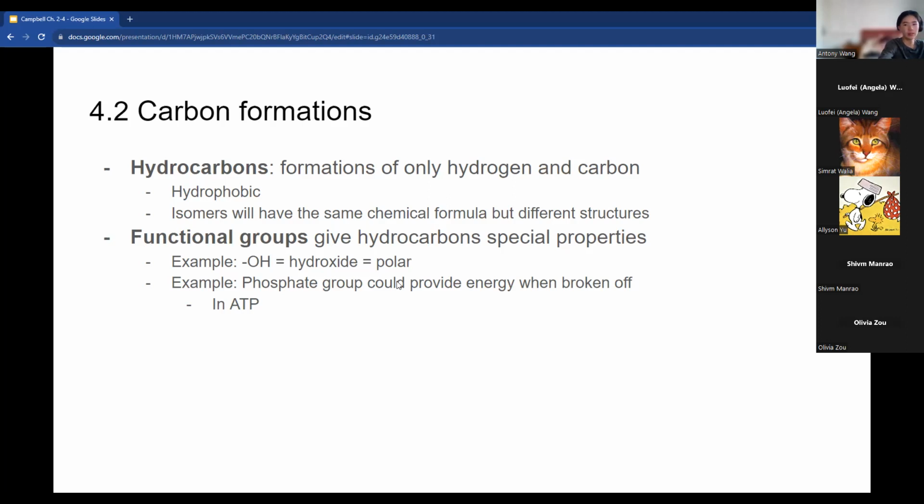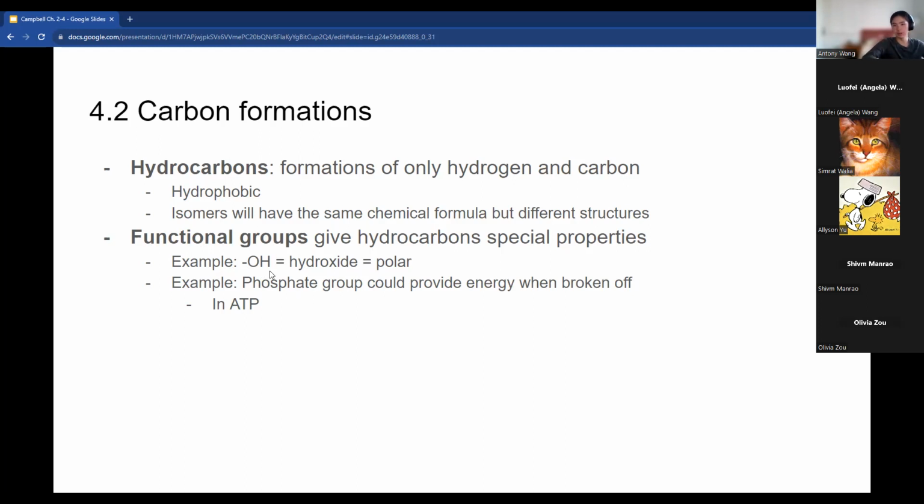So obviously the only things in your body are not just carbon and hydrogen. There are 4 more major elements. So where do they fit in? A lot of them are part of functional groups.